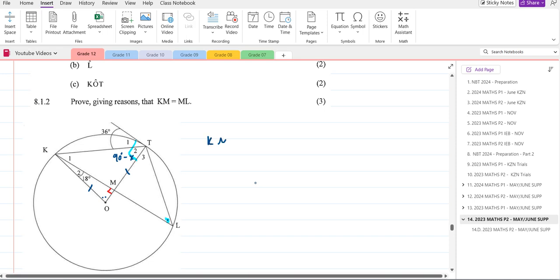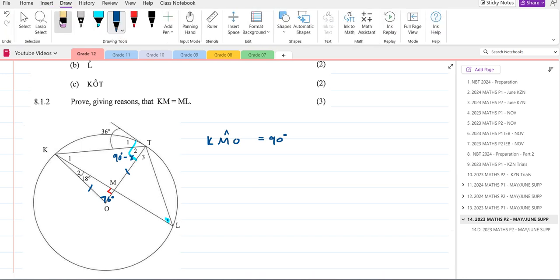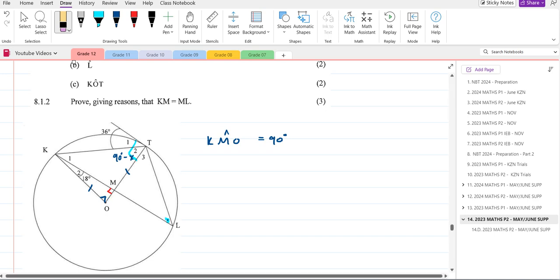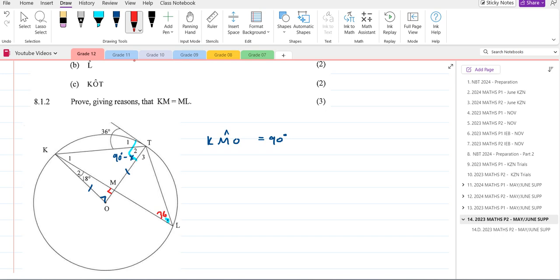So we can say KMO is equal to 90 degrees. How we got 90 degrees? Sum of angles of triangle is 180. Remember, this was 72, 36 times 2. Yeah, remember this was 36, angular center, so this is 72. 72 and 18 is 90, so KMO is 90.